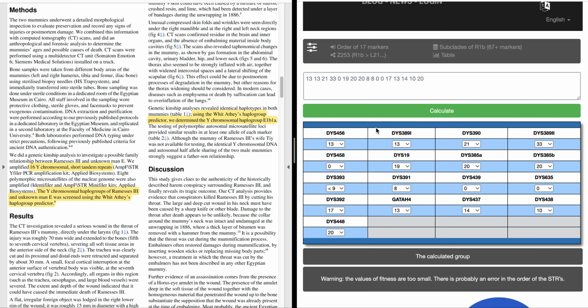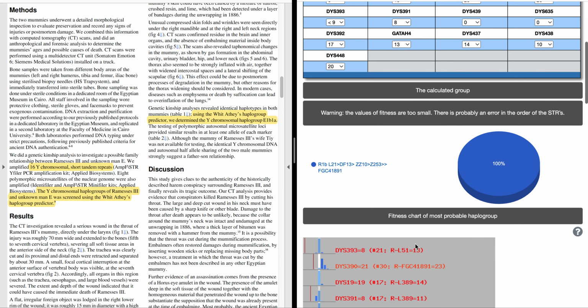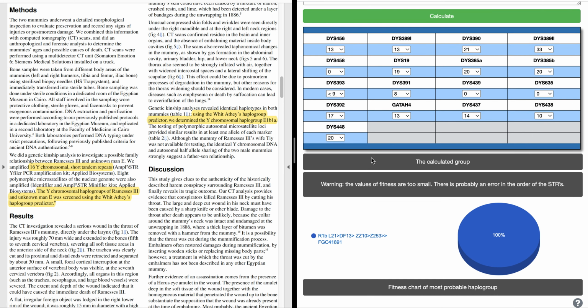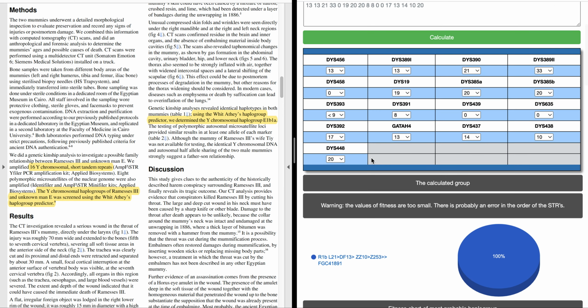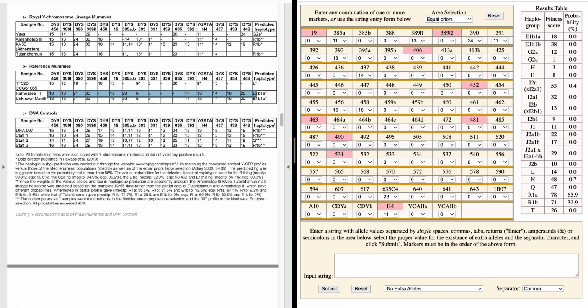And like I told them, and I showed today, if you don't have good enough Y-STR markers, you're not going to get a solid prediction. And it could cause errors, as we see with Tutankhamun having a different haplogroup than Akhenaten. So they had different haplogroups. So we saw that it came up to be J1b, page 53 or something.